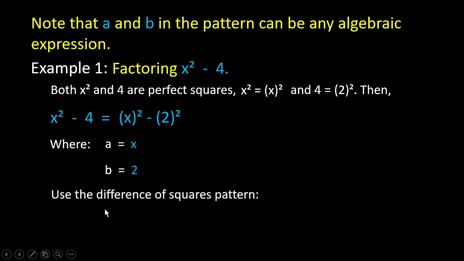So, then, pwede na natin gamitin yung formula or yung pattern. So, ano ba yung pattern? So, ito yung pattern natin. A squared minus B squared is equals to A plus B multiply sa A minus B. Di ba? Meron na tayong value ng A at saka B. Ito siya, guys.